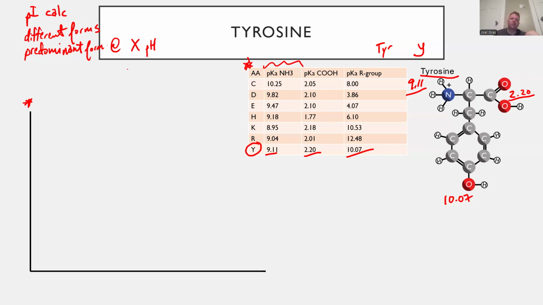Next up is I want to go to my titration curve. My y-axis of my titration curve is going to be my pH. My x-axis is going to be OH equivalence. And if you remember, this x-axis is 0, 0.5, 1.0, 1.5, 2.0.